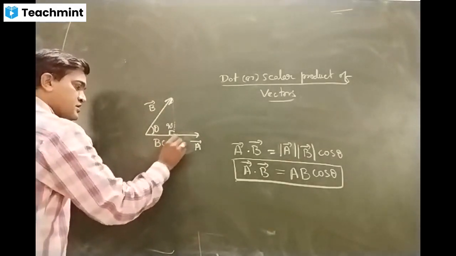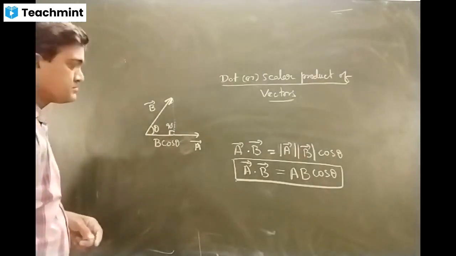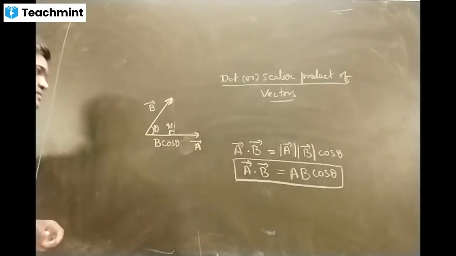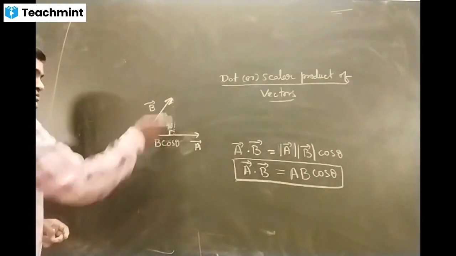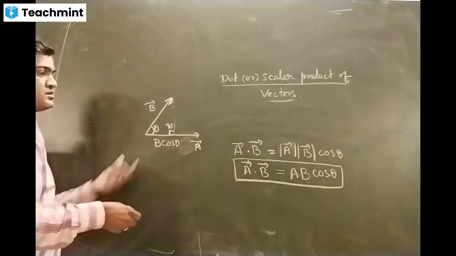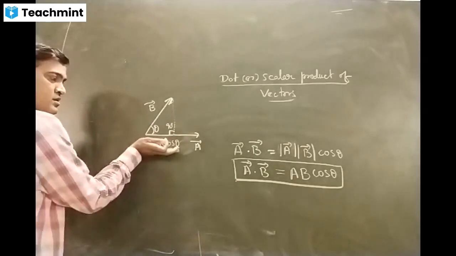B cos theta. And where do you get B sin theta? B sin theta is the component along the y-axis.